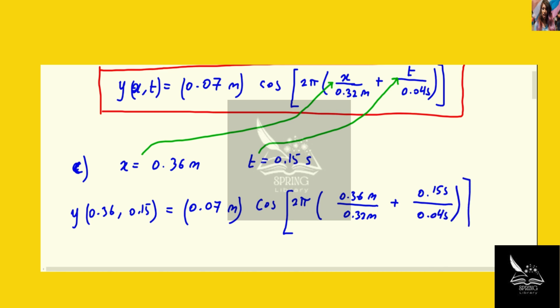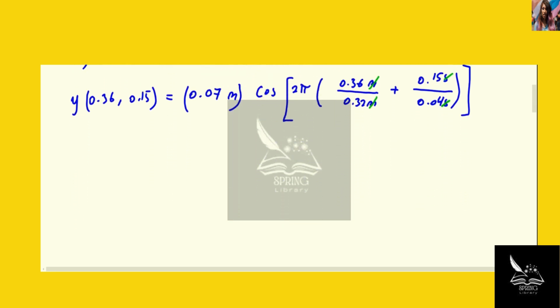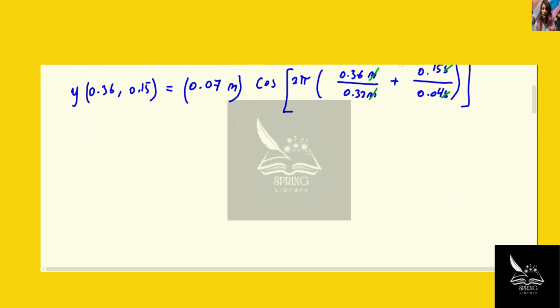Notice here, the argument of the cosine will be dimensionless because all the units will cancel with each other.